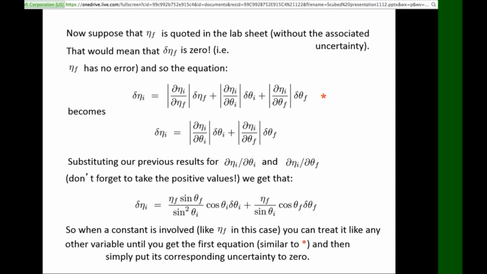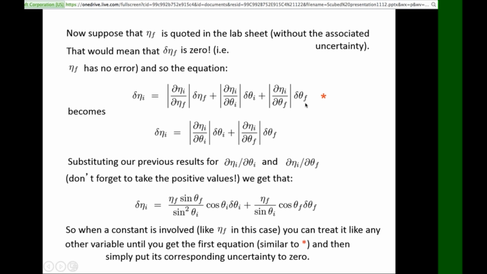So the point here is when you have a constant, for instance, in this case we had eta f, but you can have any other constant, the first thing that you do is that you treat it like any other variable. In fact, we first extracted this term, partial eta I by partial theta f, delta theta f.